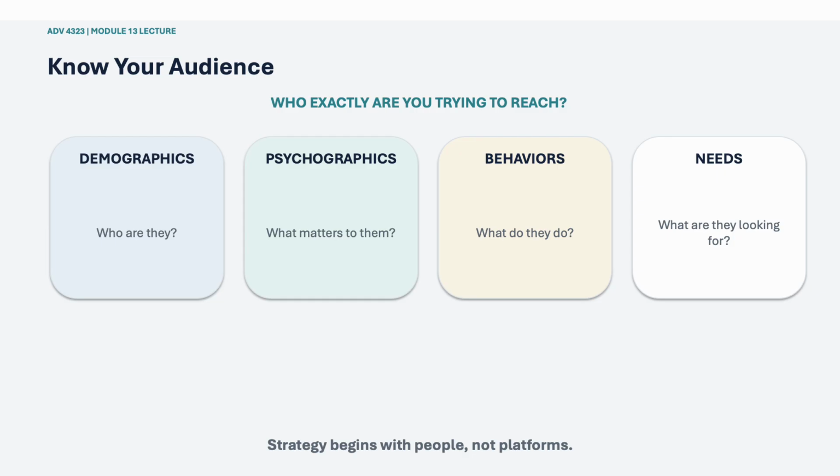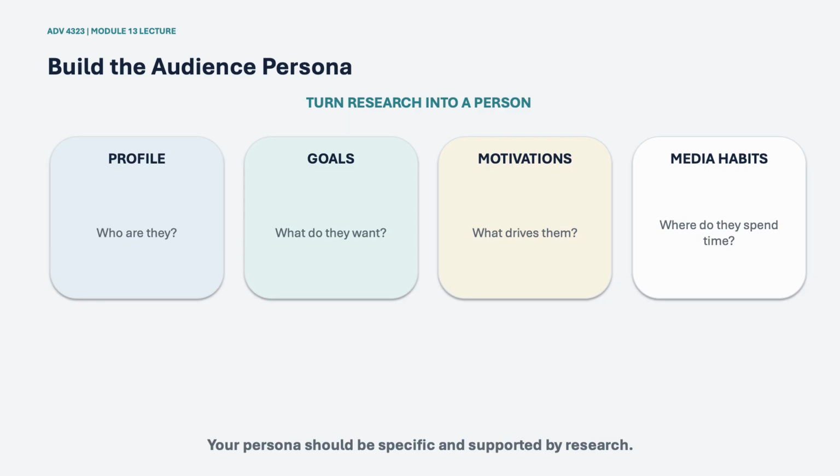So, as I've stated multiple times throughout this course, I don't want you to start by saying, I want to use a certain social media platform, for example, TikTok. Start by asking who you need to reach and then determine whether TikTok or another platform makes sense for that audience.